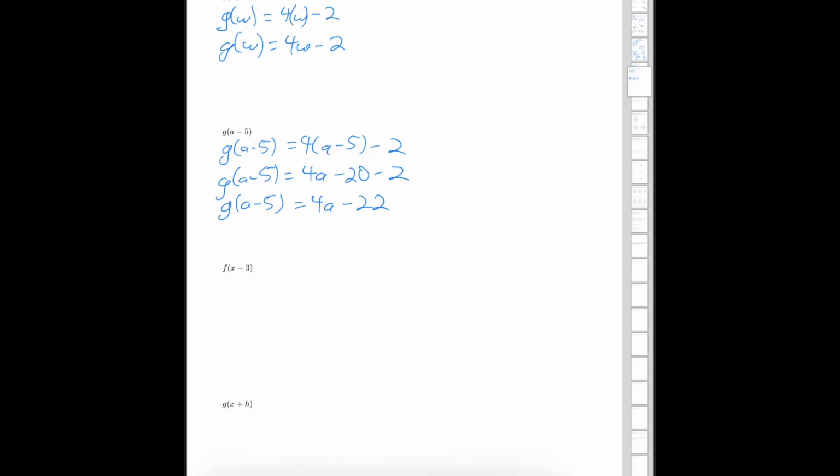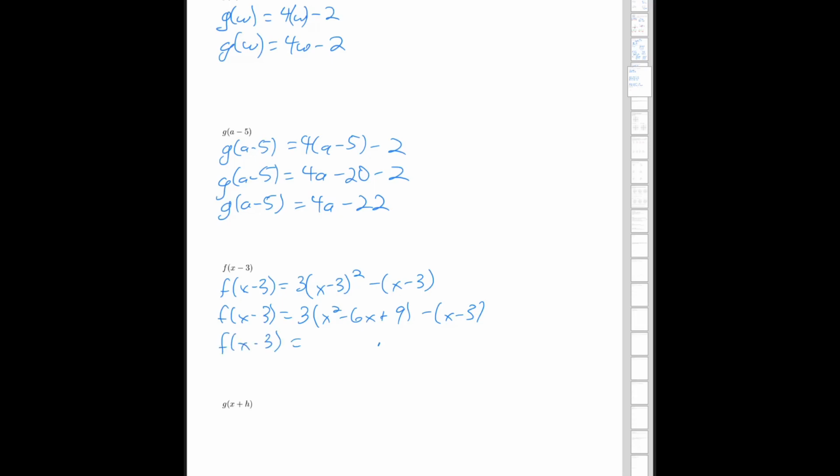To find f of x minus 3, same idea. Except now we're plugging it into f, right? The name of the function, the letter in front of the parentheses, tells us which function to use. So this will be f of x minus 3 equals 3 times x minus 3 squared minus x minus 3. Multiply out the x minus 3 squared to get x squared minus 6x plus 9 minus x minus 3.